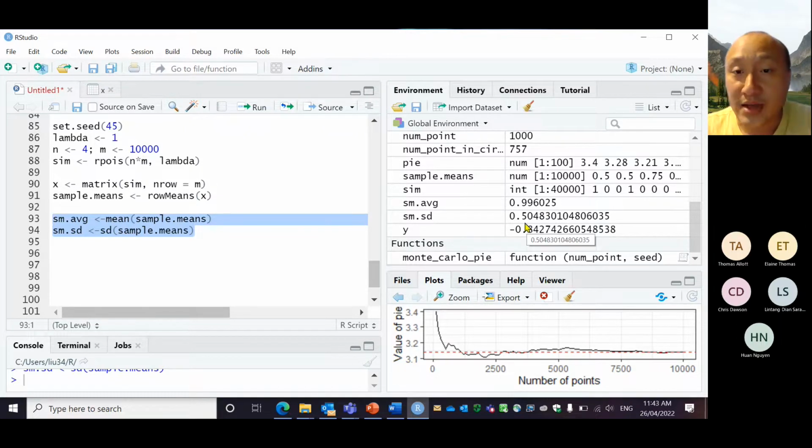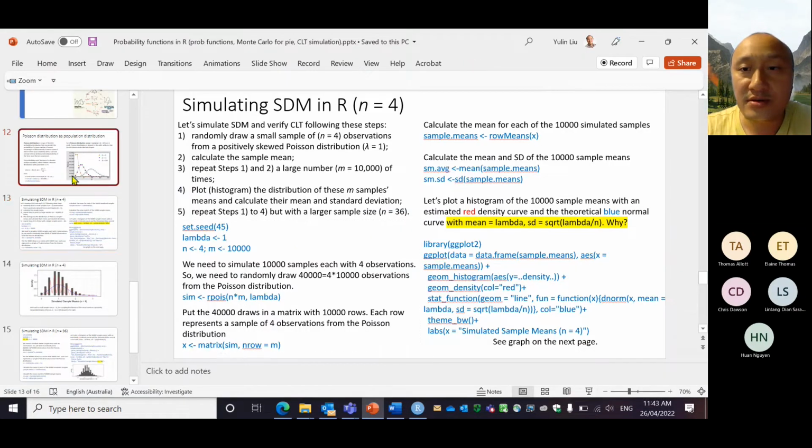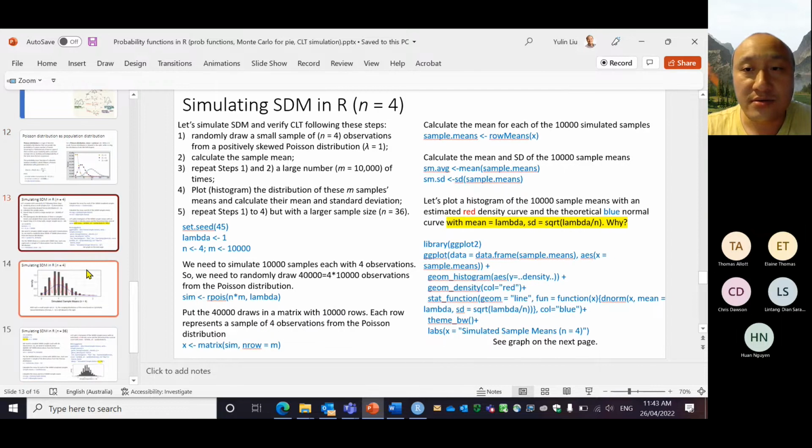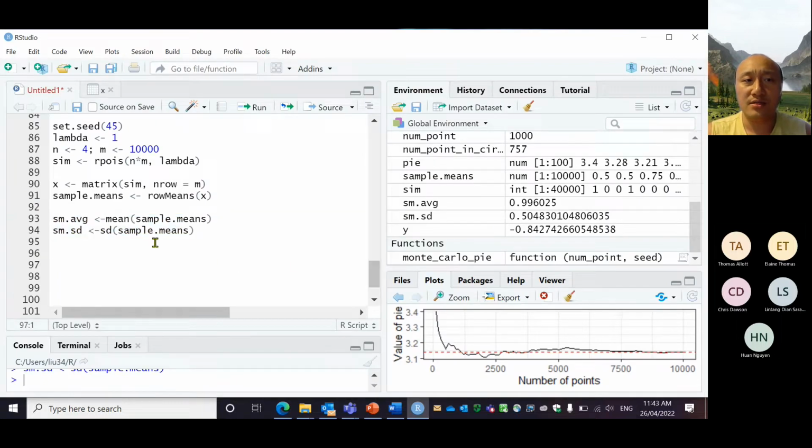Theoretically, it should be equal to 1 because remember, for the Poisson distribution, the mean is equal to the variance, equal to lambda. Our lambda is 1. So ideally, the mean of the sampling distribution should be equal to the original mean, which is lambda, which is 1. Okay, and the variance should be what?